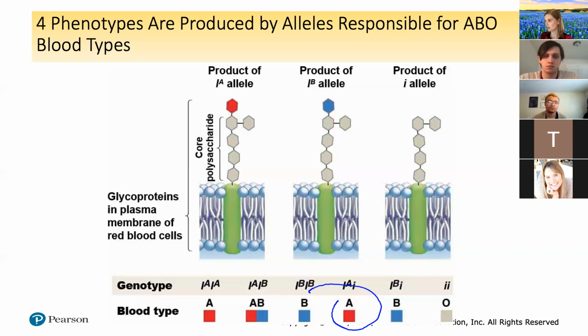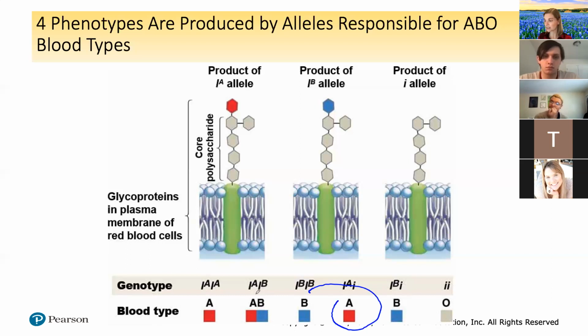The same is true with B. So if we look over here, we see that B blood can be expressed by a homozygous pairing of both parents donating the B allele, or it could be expressed by a heterozygous combination, B blood and O blood, and you would have B blood.